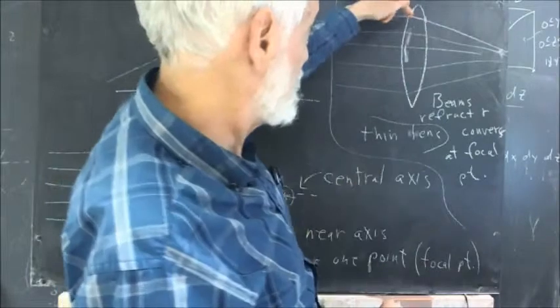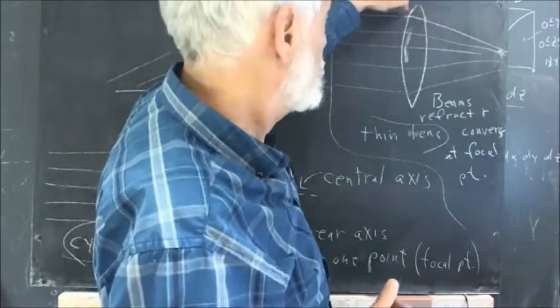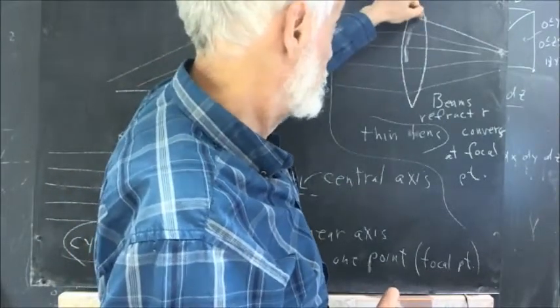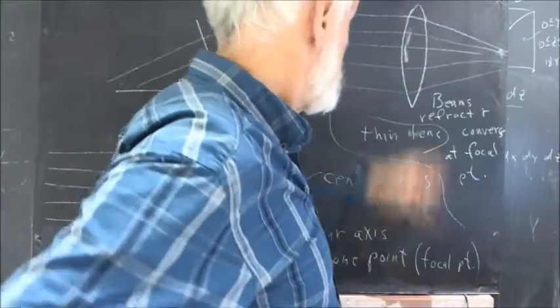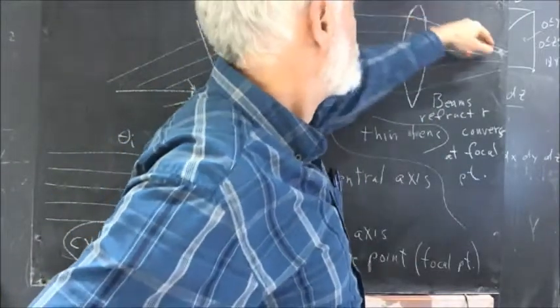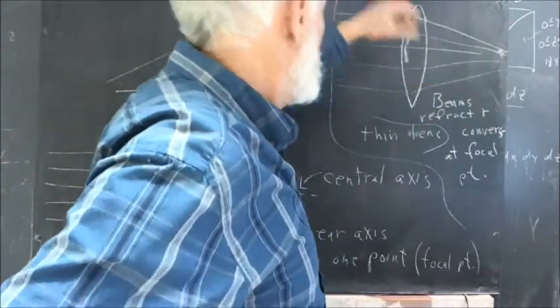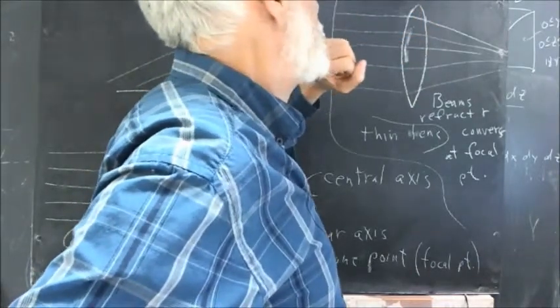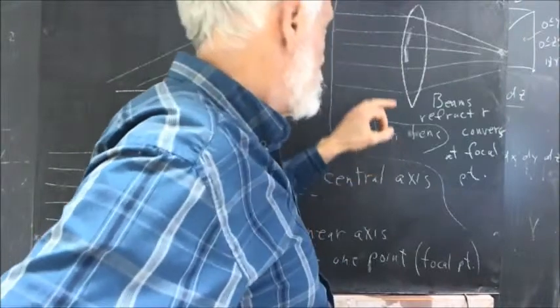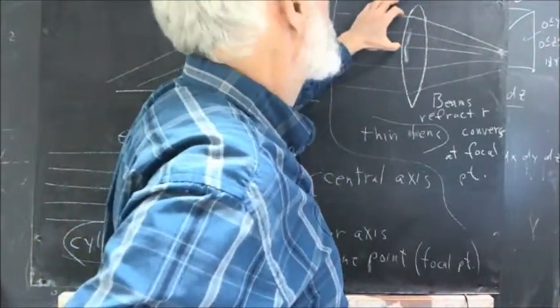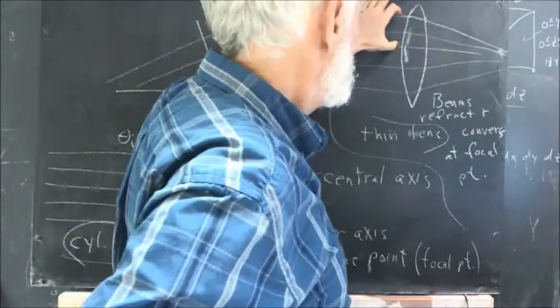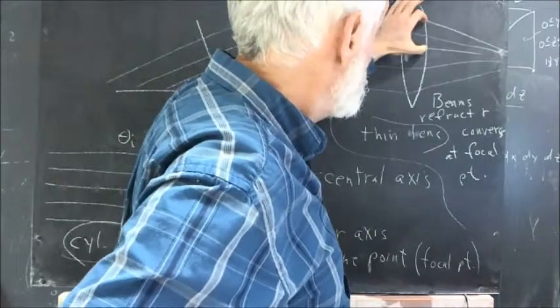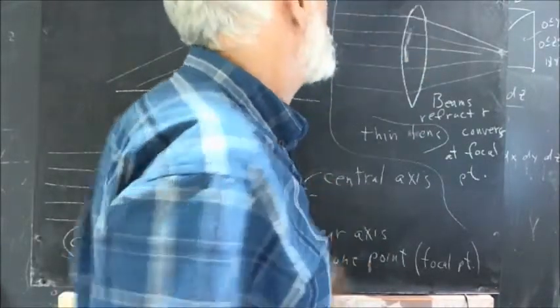So the beam actually jogs over a little bit here due to the two refractions occurring within the lens. For a thin lens, there's going to be a small difference between this distance here and this distance here.